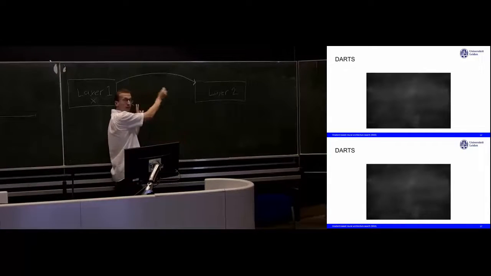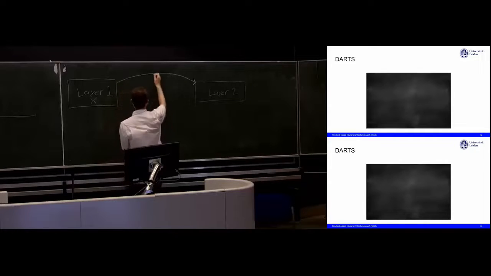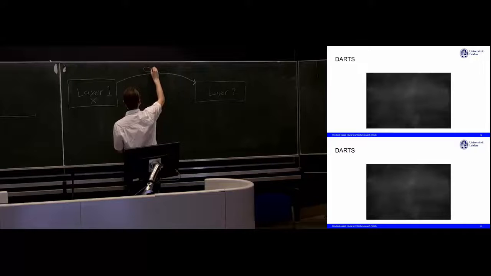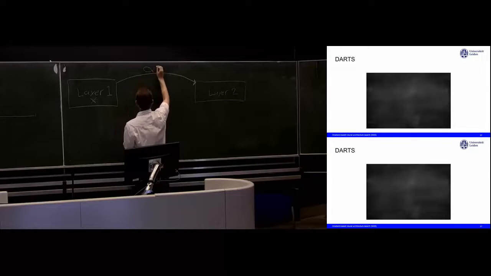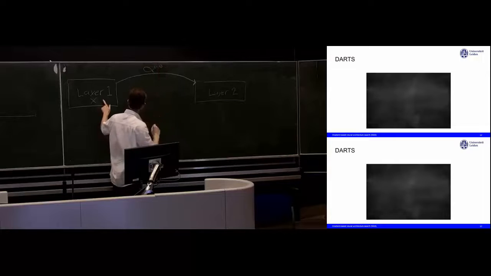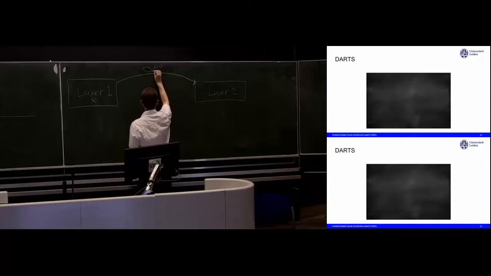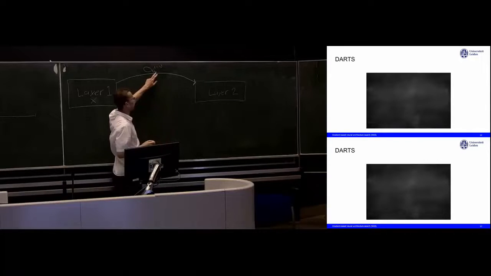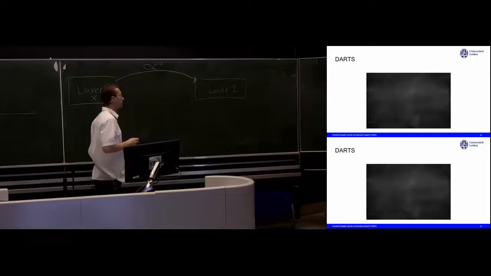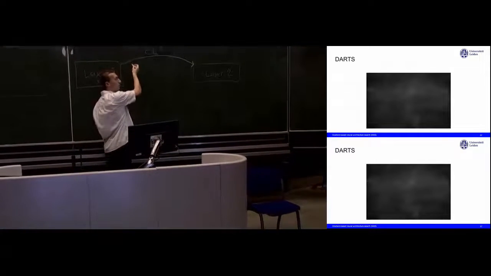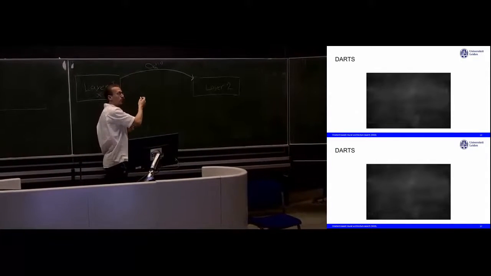For every edge, we give a certain weight. We assign a given strength of using this operation. We denote this by alpha superscript 1,2, because we're going from the first layer to the second layer. And as a subscript, we indicate which operation we're talking about. In this case, this would be operation 1, or O1. So this would be, for example, the convolutional 1x1 operation.